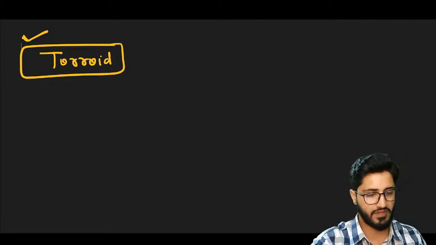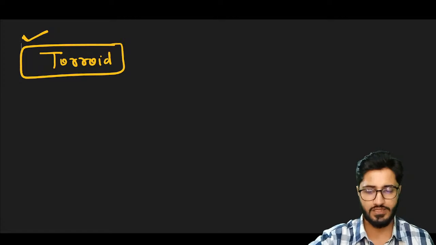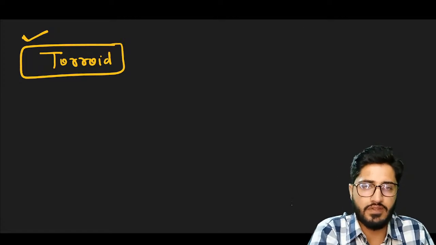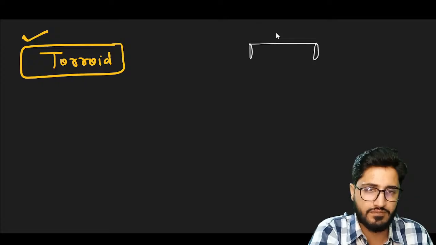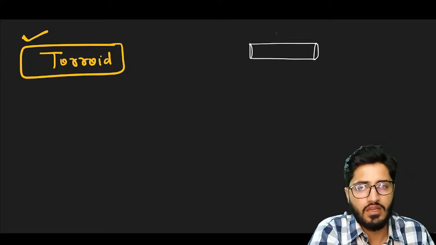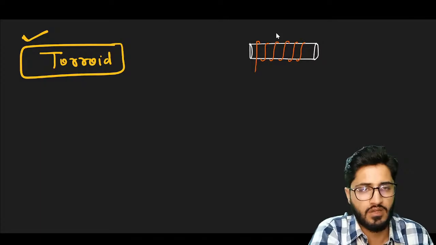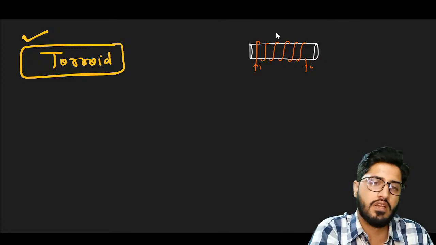Now, what basically is a toroid? As we know from the previous class, this is my non-conducting base. If we take a wire and place it in this particular manner, this configuration of my wire is known as a solenoid.